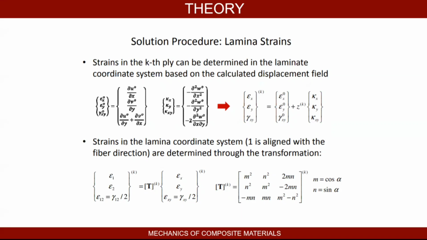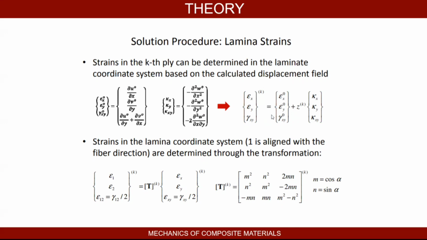So now we have the midplane strains and curvatures. We want to find how that varies through the thickness, or the stresses or the strains per ply that are rotated into the lamina coordinate system. So if you have a 30-degree ply, your principal direction will be rotated 30 degrees in your coordinate system.